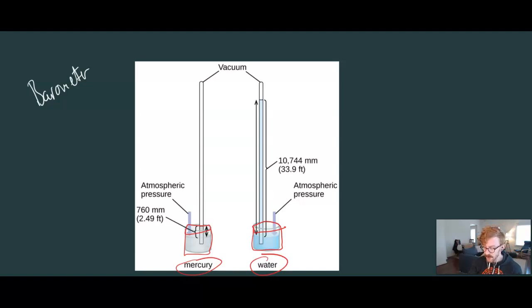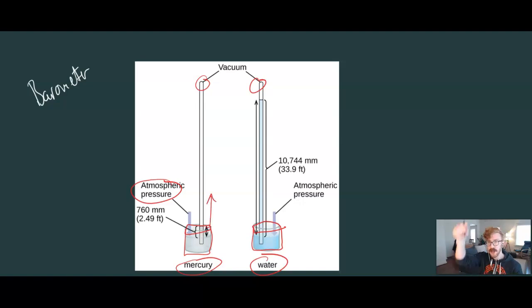Okay, so the premise here is that there's a secondary container open to atmosphere, and we have a closed-end tube that is vacuum sealed and inverted. An equilibrium is reached when atmospheric pressure is pushing down. If atmospheric pressure increases and pushes down on that liquid surface, the displacement within this tube will go up.